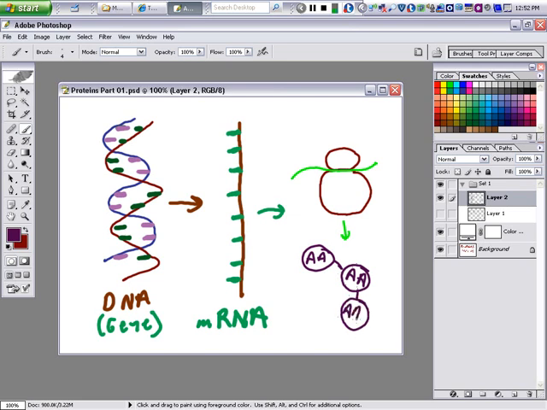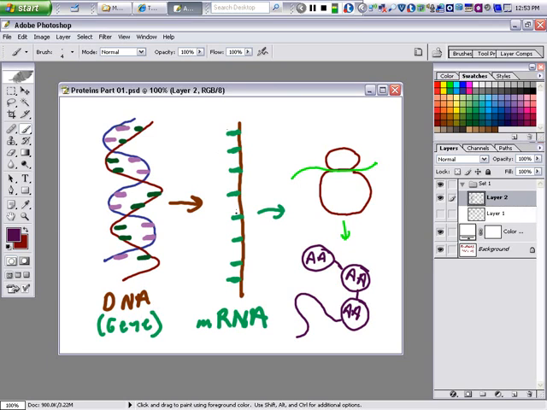Can you say that one more time? You make a copy of the RNA, the messenger RNA, and then what? Her question was, can you repeat this after you make a copy of the RNA?